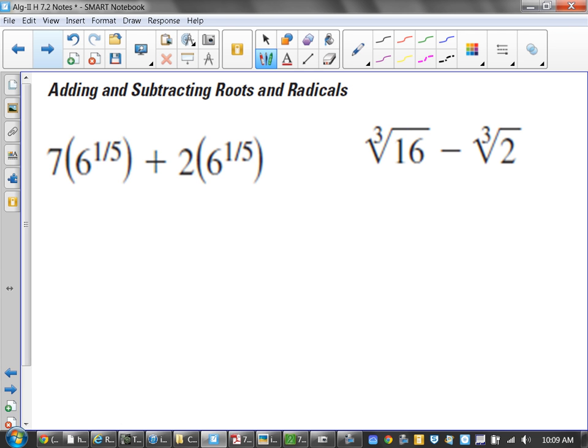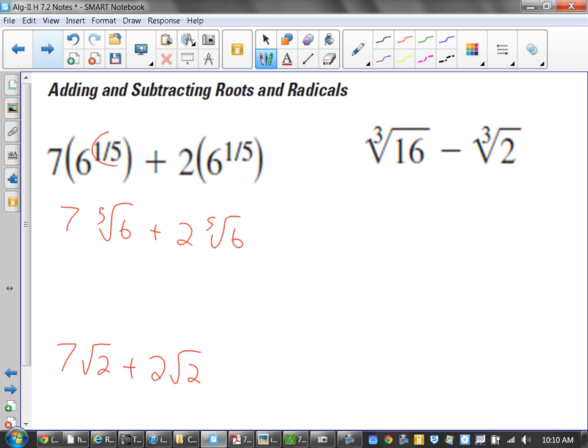Now, when I'm looking at this, think back to when you had something that was 7 root 2 plus 2 root 2. It's 9 root 2. Why is it 9 root 2? Because they are like terms. Now, isn't this the same idea as 7 5th root 6 plus 2 5th root 6? So what would your answer be? 9 5th root 6.